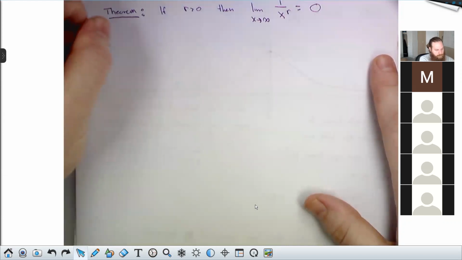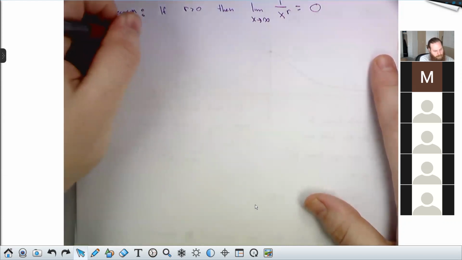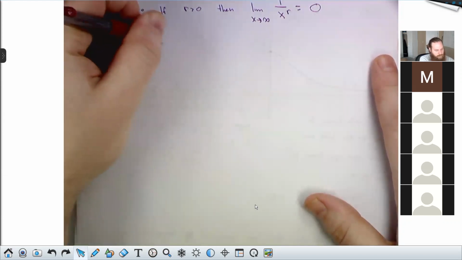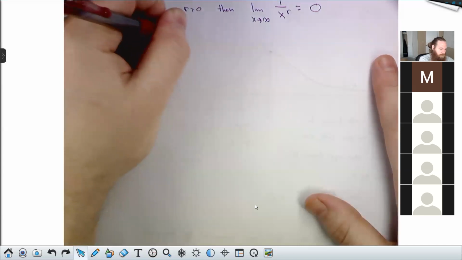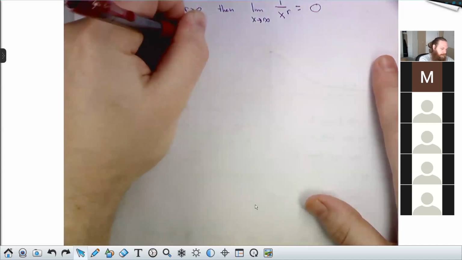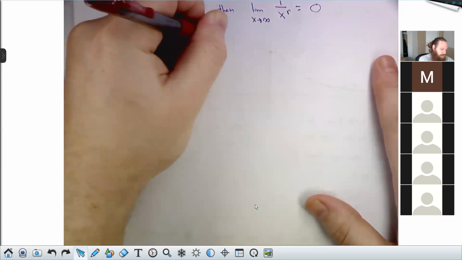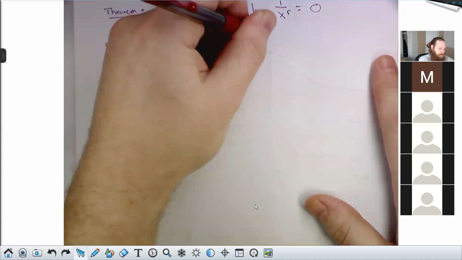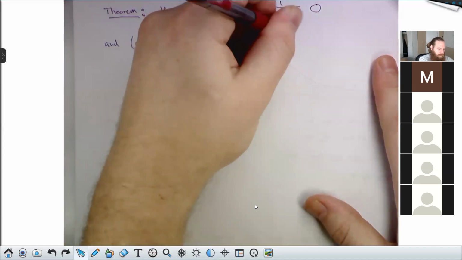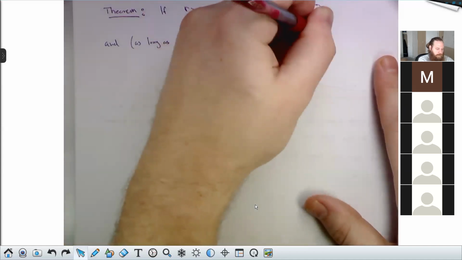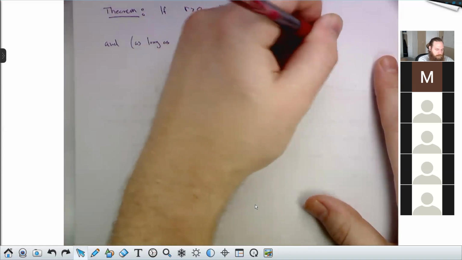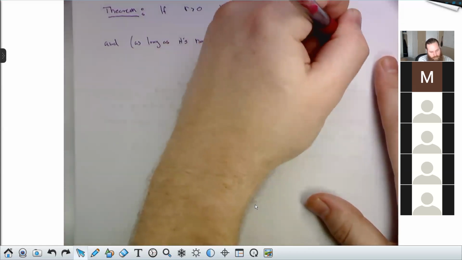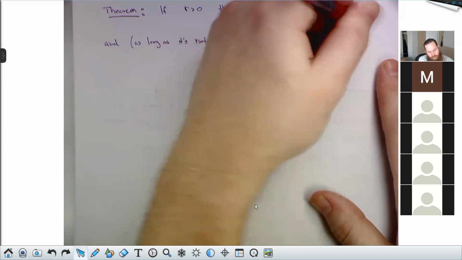And as long as it's not causing domain issues, the limit as x goes to negative infinity of 1 over x to the R will also be 0.